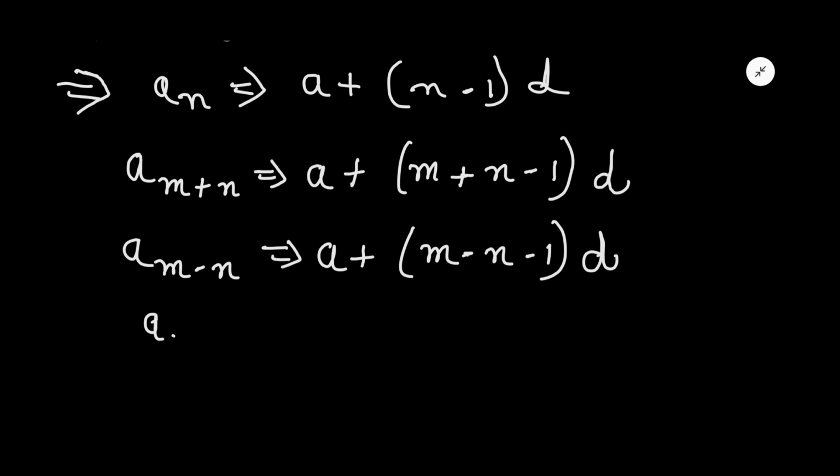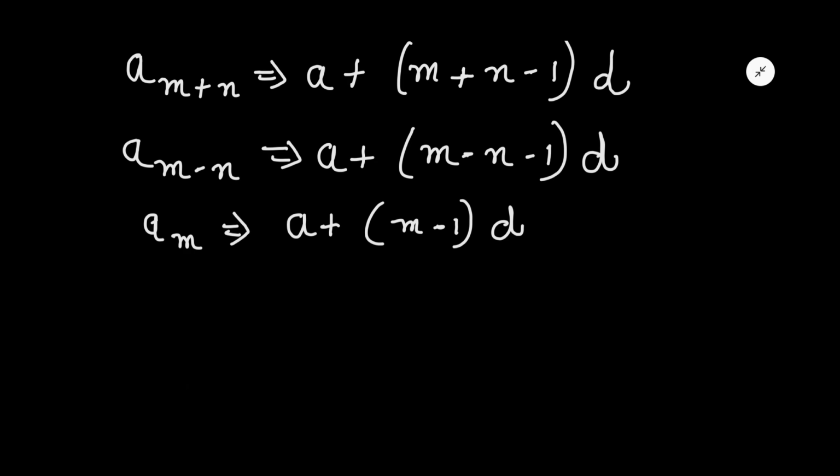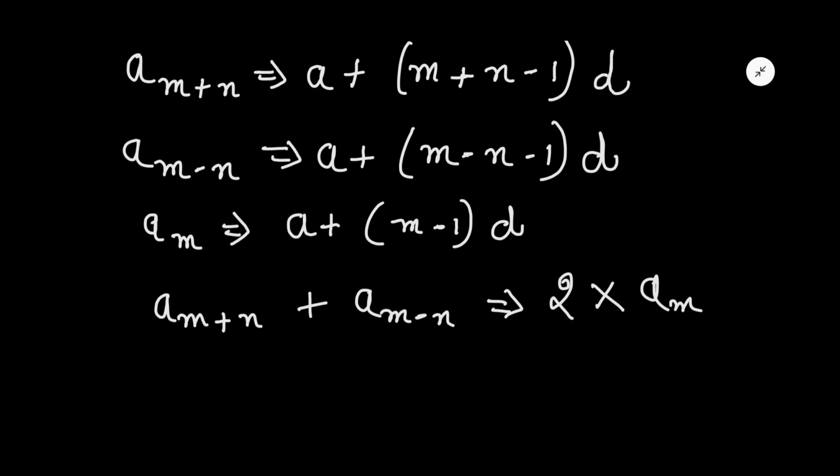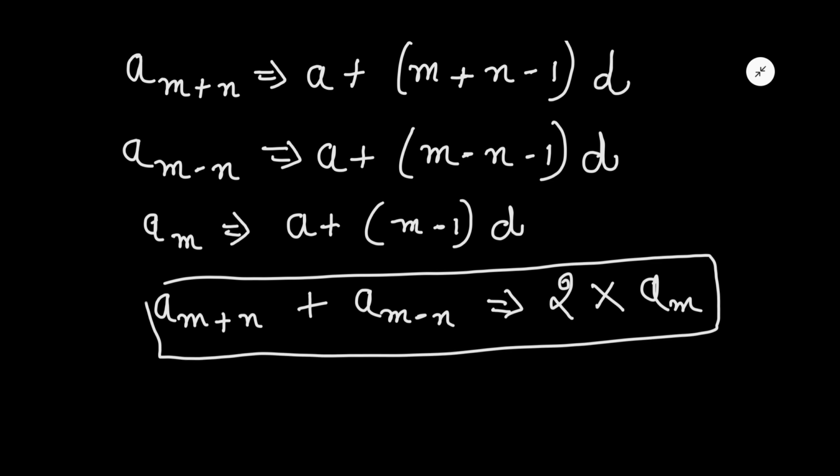Similarly, for the mth term, it will be equal to a plus m minus 1 into d. So we have to prove that the m plus nth term plus the m minus nth term is equal to twice the mth term. This thing we have to prove.